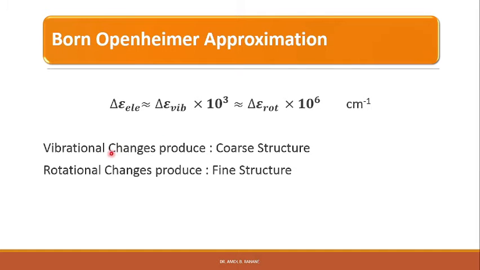So the vibrational changes produce the coarse structure, and the rotational changes produce the fine structure in the molecular spectra of a diatomic molecule. We can see that the vibrational changes produce a coarse structure and rotational changes produce the fine structure of the electronic transitions.